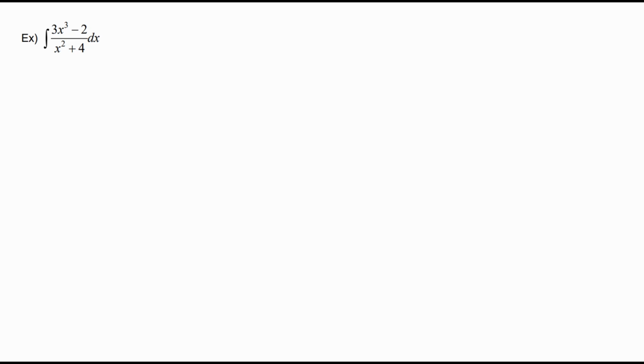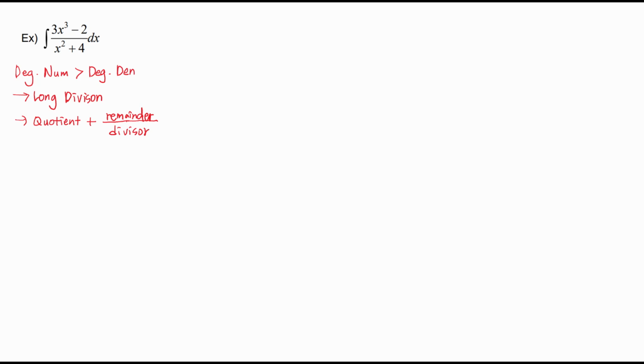So if the degree of the numerator is greater than the degree of the denominator, then please do the long division and rewrite this as the quotient of the long division plus the remainder over the divisor. And once you do, rewrite this rational expression.